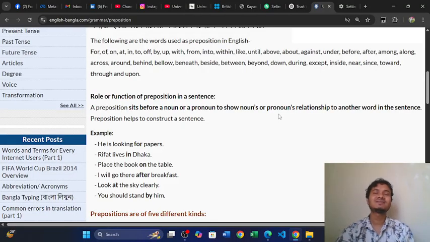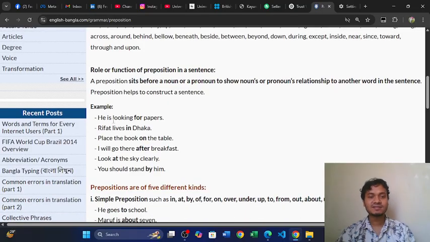A sentence may have many kinds of parts of speech: maybe an adjective, a noun, a pronoun, a conjunction, etc. But basically a preposition helps you establish the relation between a noun or pronoun and the words before and after.